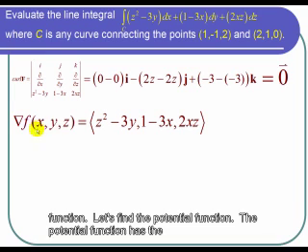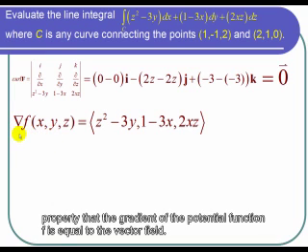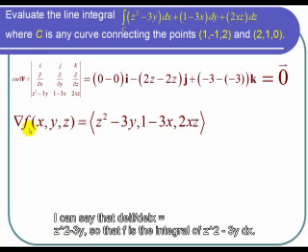The potential function has the property that the gradient of that potential function f is equal to the vector field. So I can say that del f over del x is equal to z squared minus 3y, so that f is the integral of z squared minus 3y dx.